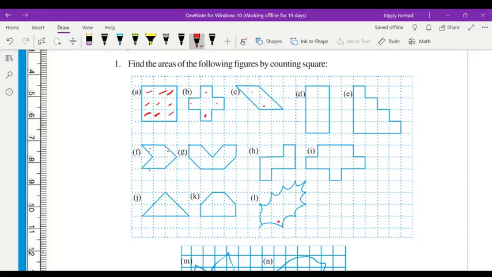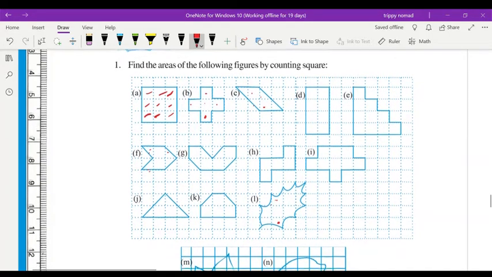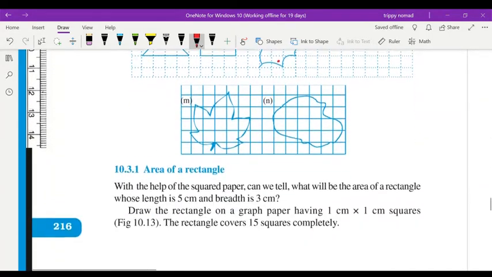If it is less than half, you will neglect that square; you will not count it. So this is the way to count. Suppose this one, a little coming, you will neglect this part and count this as 1. So this is the way you will find the area of the given figure in question number 1.